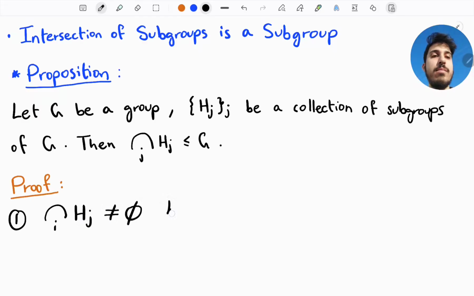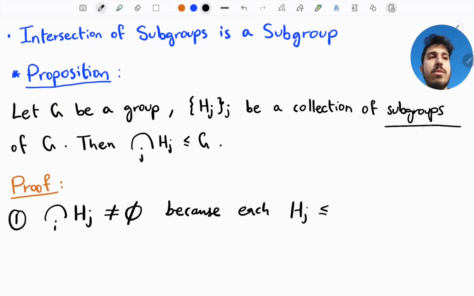And this is true because each H_j is supposed to be a subgroup of G. So there exists the identity in each H_j, the identity of G in each H_j for all j.